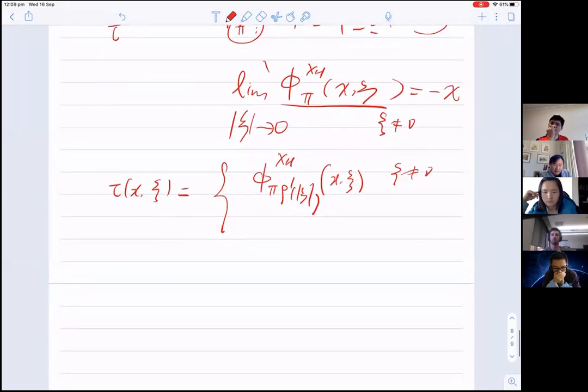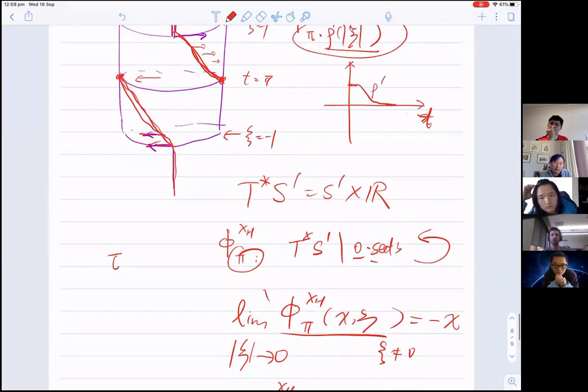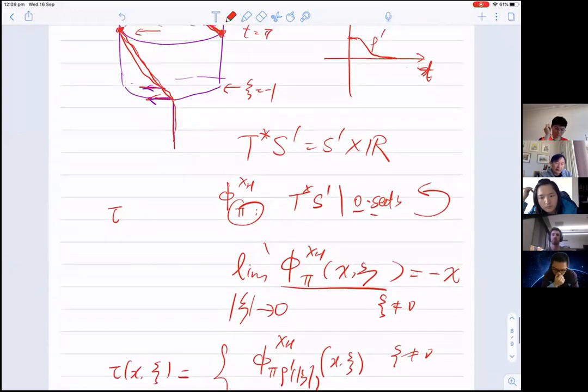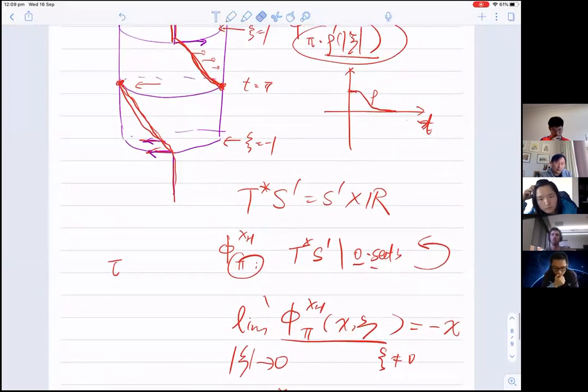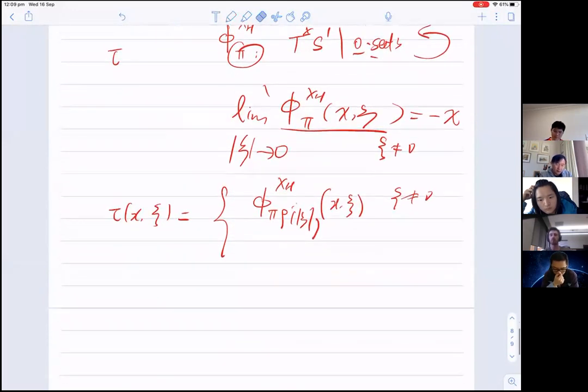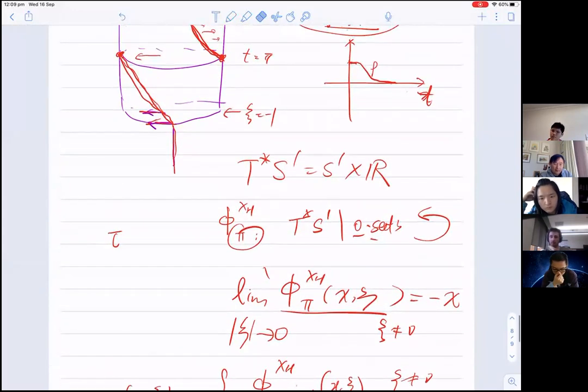And then I make sure that when t is getting close to zero, the limit will be 1. Maybe it's not derivatives, it's just a rho function. So when t is getting smaller and smaller, this is 1.